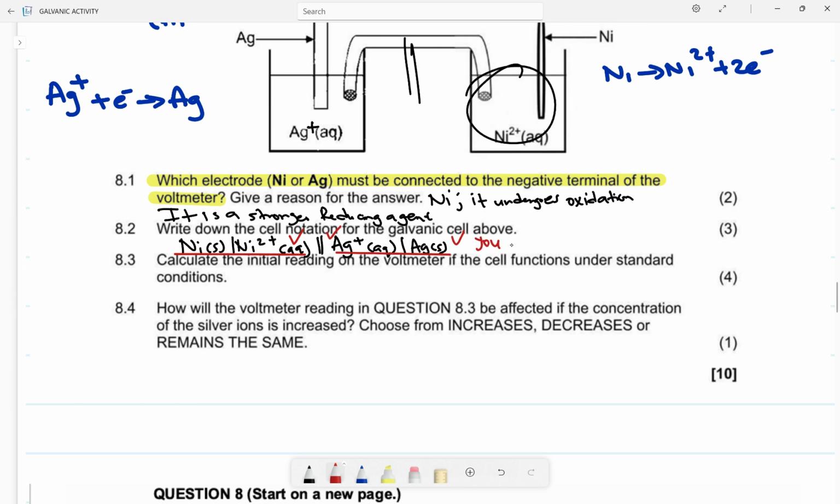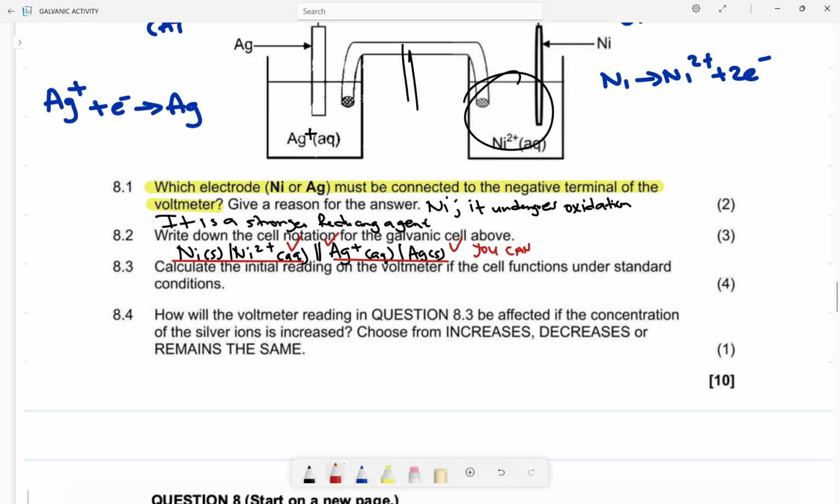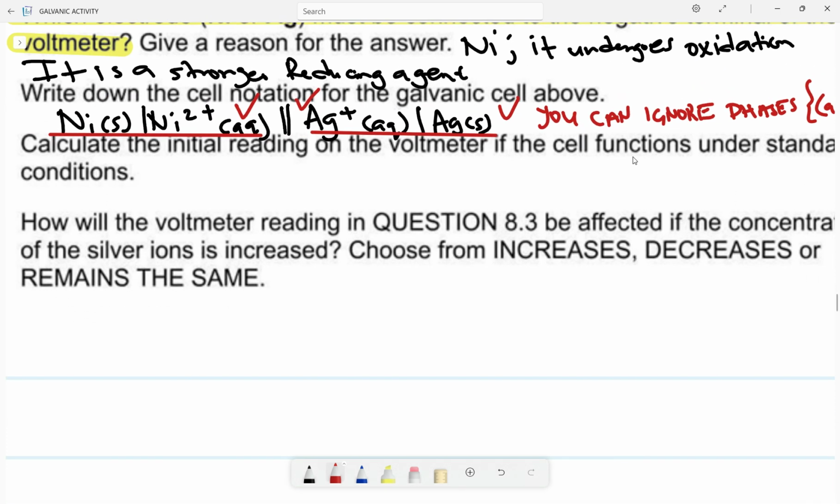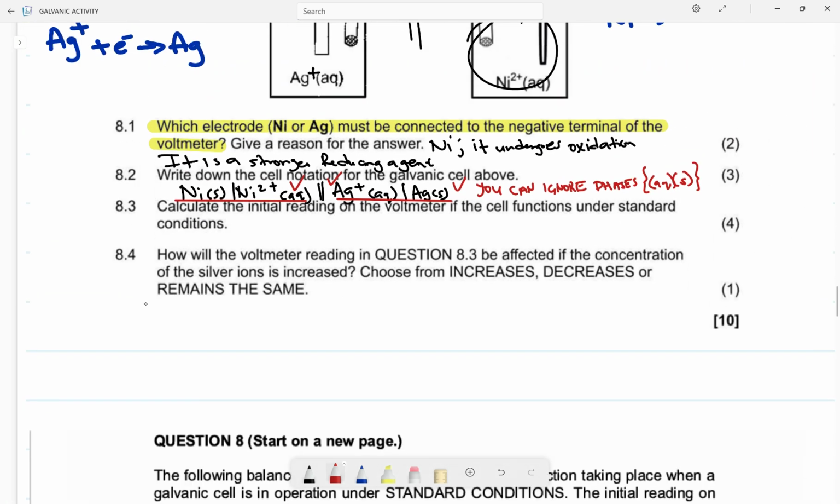You can ignore phases, such as aqueous or solid. You can also ignore the concentration, because sometimes you can write the concentration.